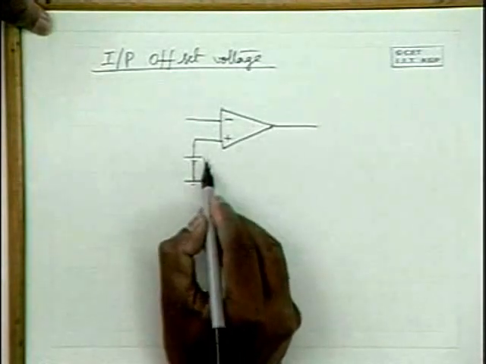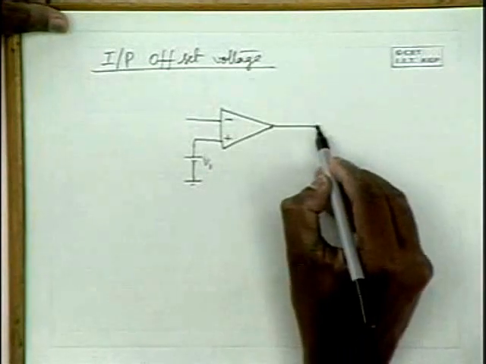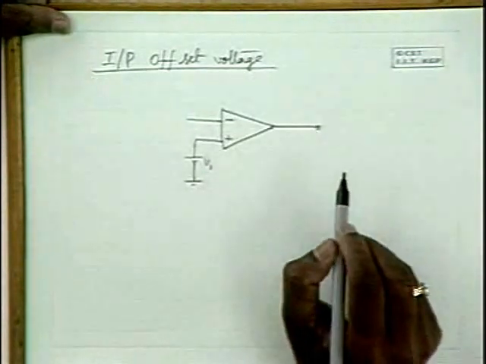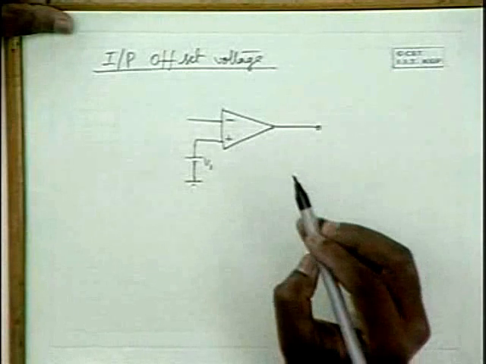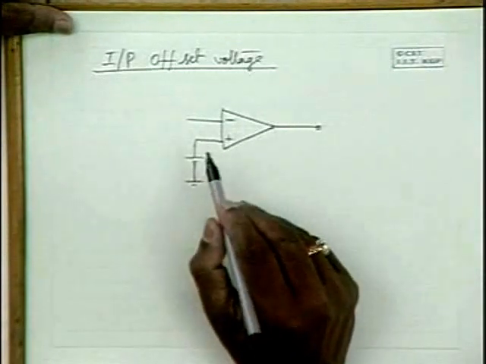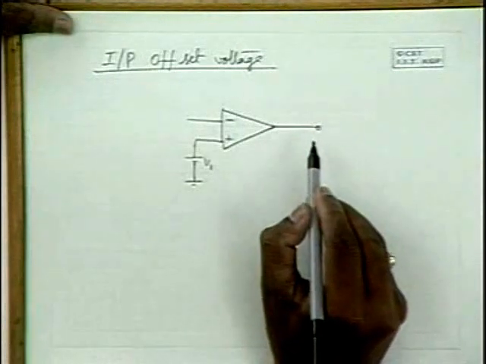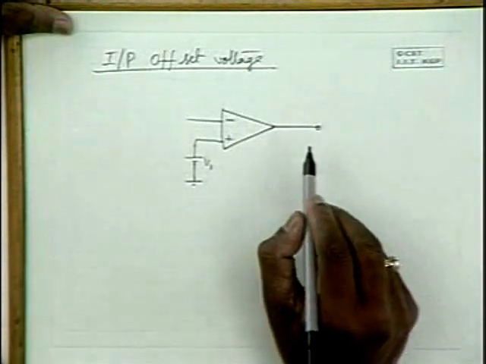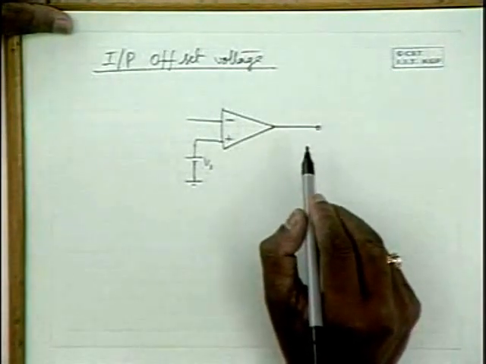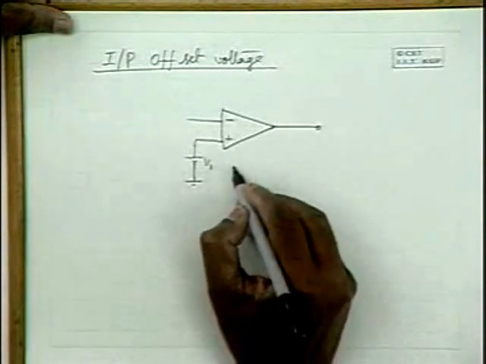That means the voltage which is required to be connected at the input to properly balance the amplifier, so that it gives an output voltage of 0, is known as the input offset voltage.